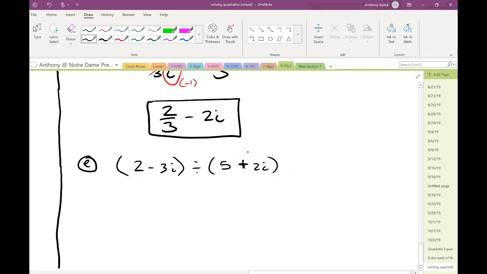What if we do this problem where we have two fully complex numbers that we're going to divide? Well, in a similar fashion, I'm going to set this up as a fraction, where I'm going to have the dividend divided by, or over top of, my divisor.